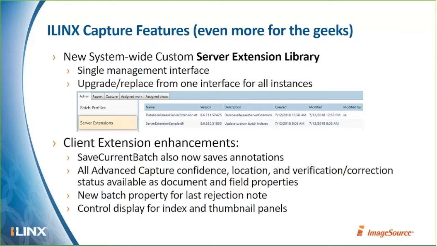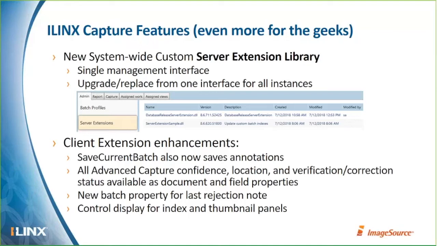We've also enhanced the client extension framework to allow you to do some more stuff now on the client side. Saving the current batch will now save annotations. We have also exposed all of the advanced capture properties for the batch, for the document, and for individual fields within your document up into the client extension framework.